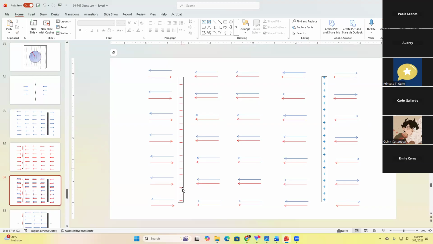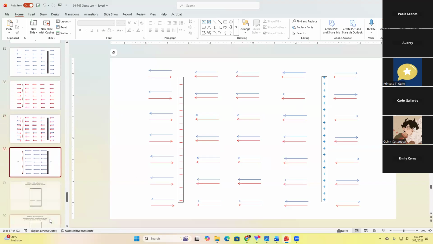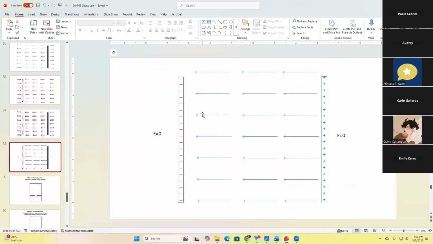But in the volume between the plates, the field of each plate is going to reinforce the other field. And what we end up having is a stronger field inside the volume, a much weaker field outside the two plates. Electric field equal to 0. Can you picture that?